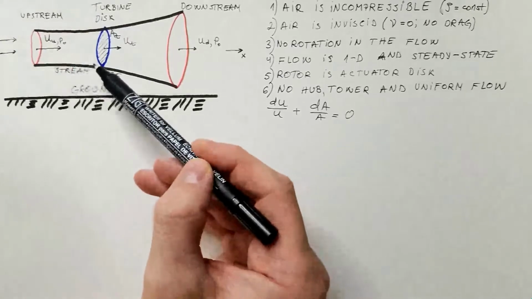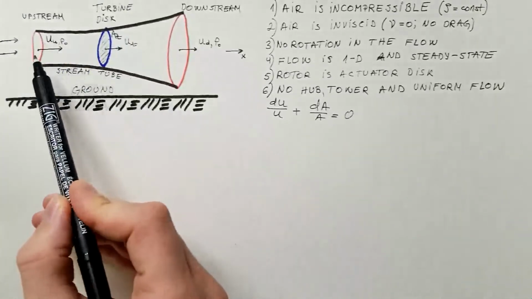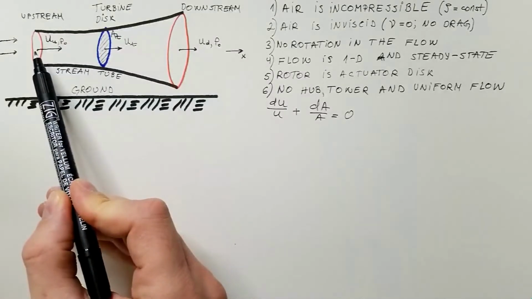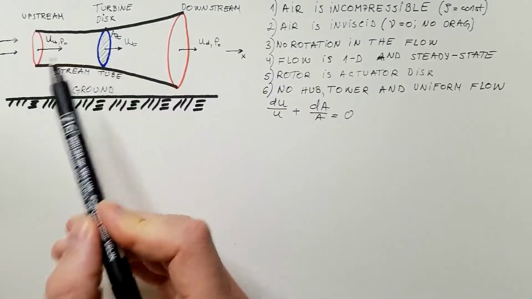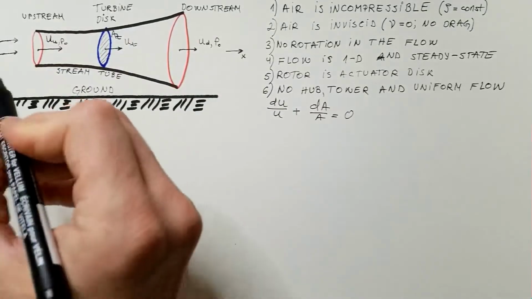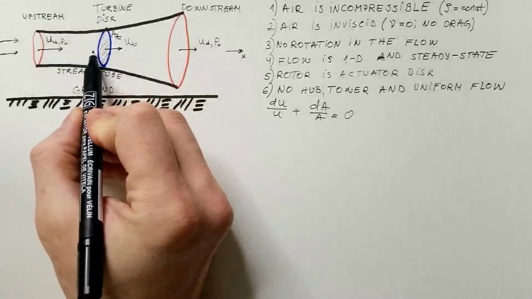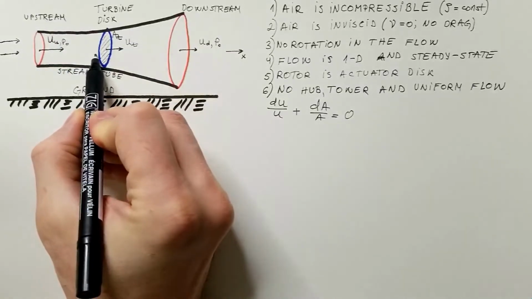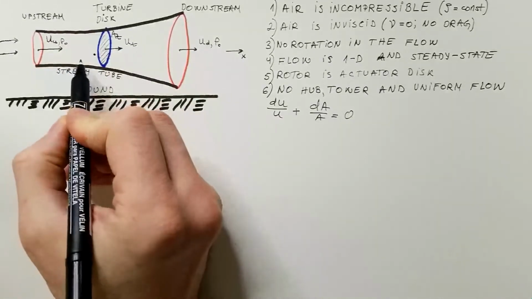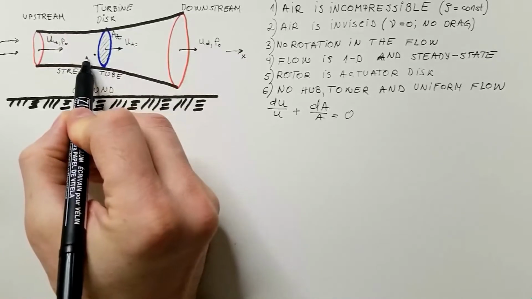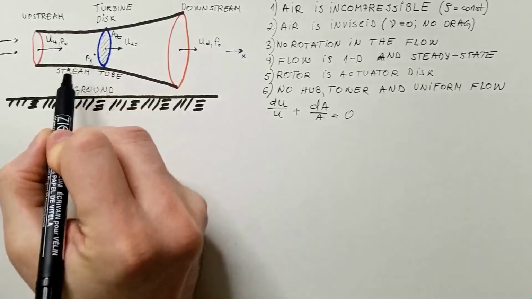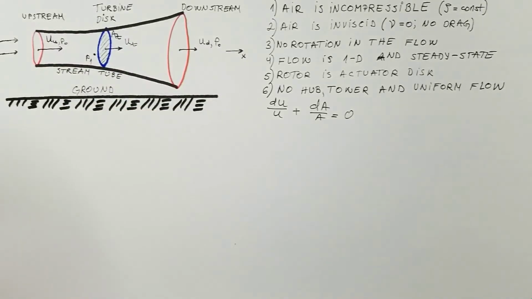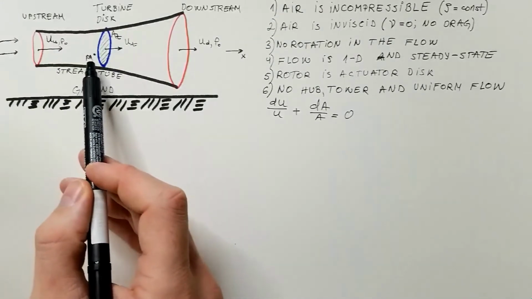Now, remember, this is a disk, so we cannot go with a streamline through the disk. To account for that, we will select a point just upstream of the disk, and let's call it point 1, where we will have pressure P1. And now I write Bernoulli's equation between the upstream point and this point 1.